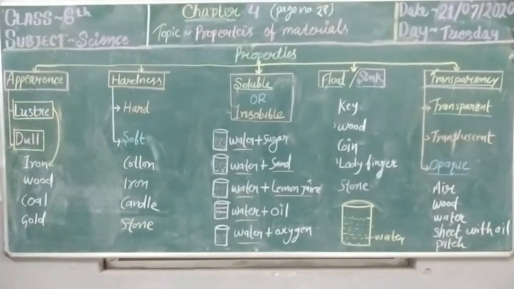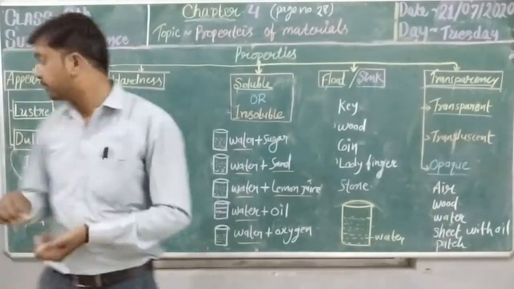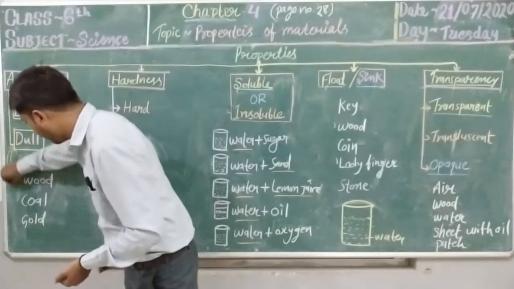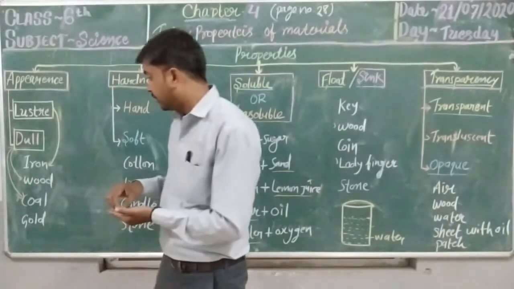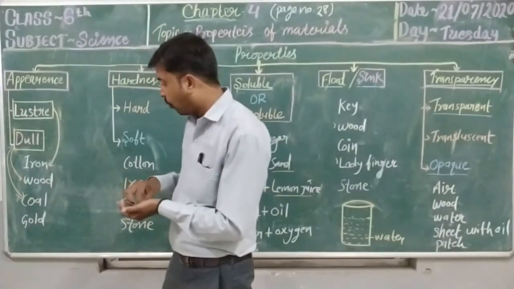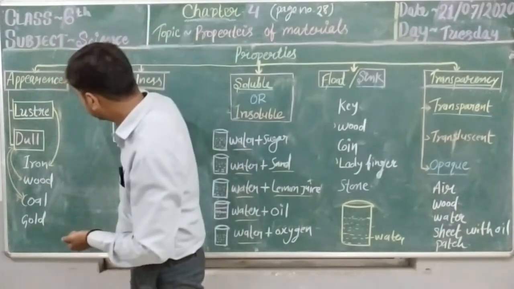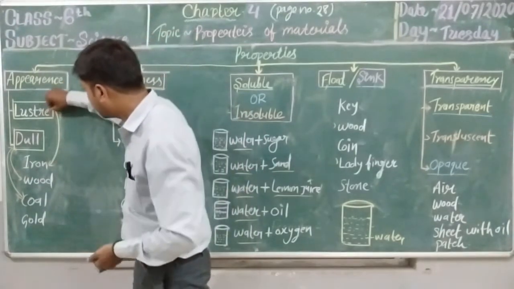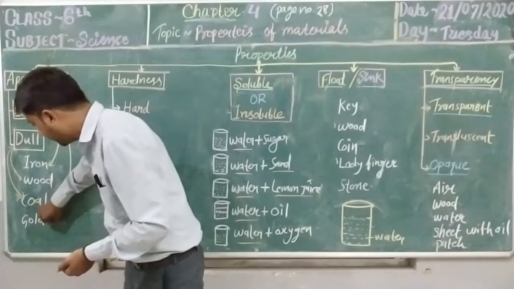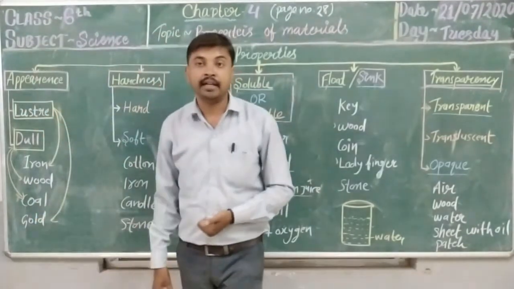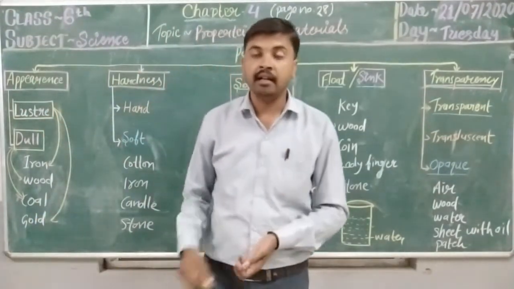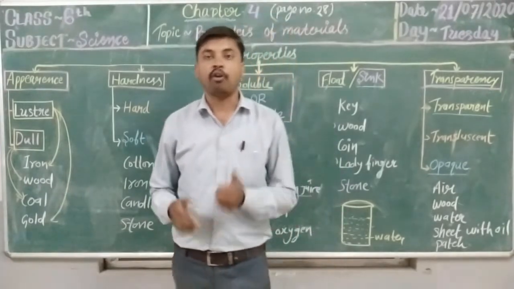Wood shows dull property. It does not shine. Coal is also a dull substance. And gold shows lustrous property. Gold is a very costly metal and it is used to prepare ornaments.